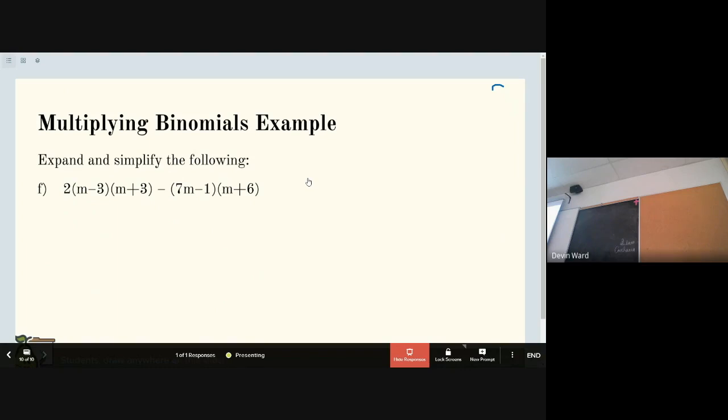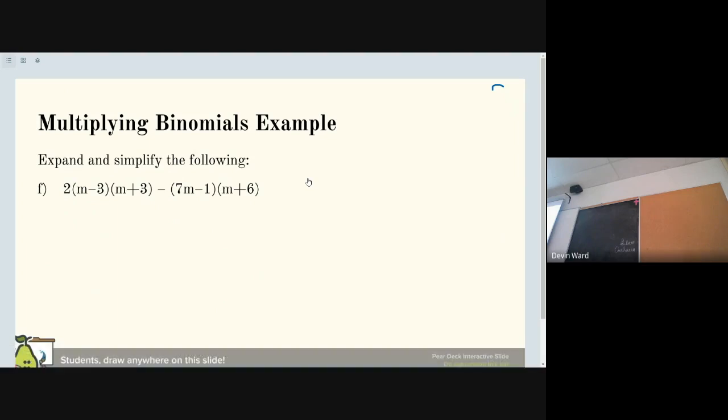Okay, so we're going to multiply them together, simplify everything as much as we can. And then because it's all m, we're going to group together by like terms and simplify a little bit more. Okay, so it's going to be a little bit of a long one, but it's the same process for both sides. And then finally, it's just a little bit shorter.